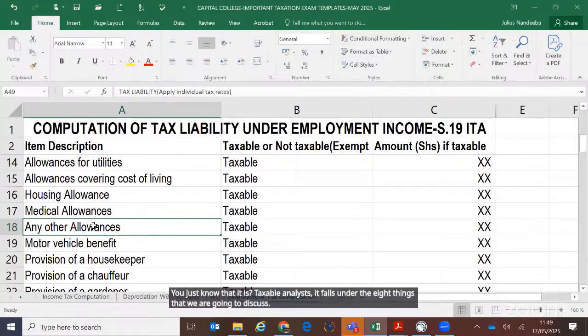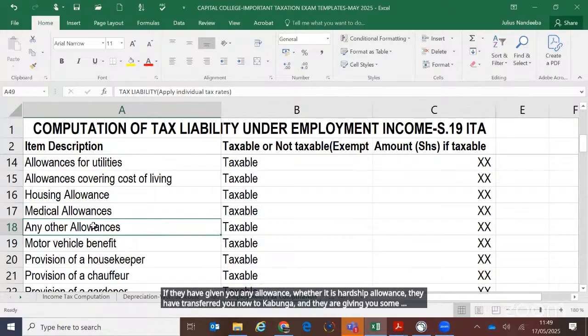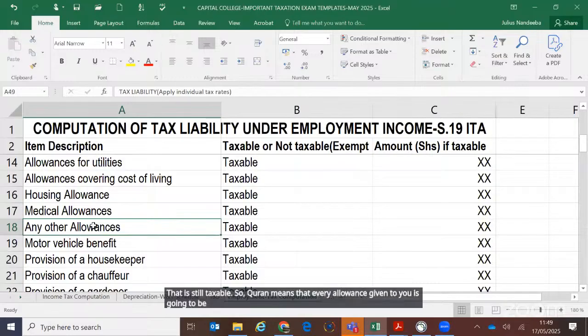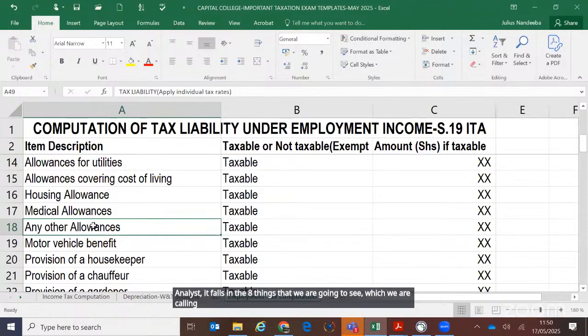If they have given you any allowance, whether it is hardship allowance, they have transferred you now to Kabonga and they are giving you some allowance, that is still taxable. So cram it that every allowance given to you is going to be taxable unless it falls in the 8 things that we are going to see, which we are calling exempt income.